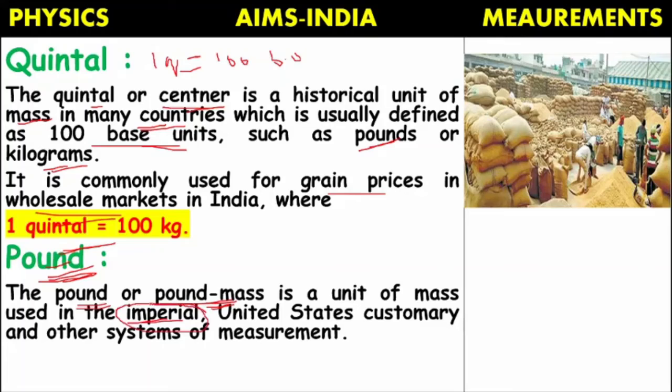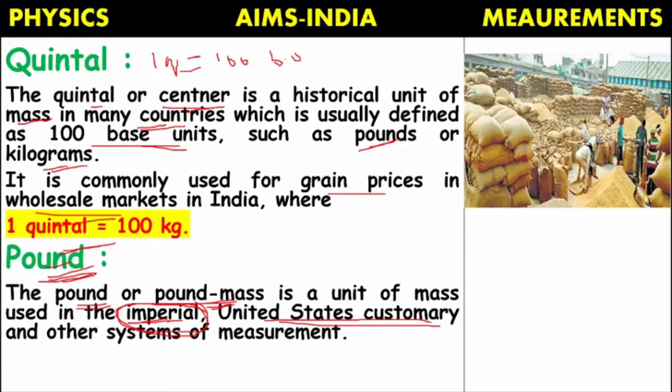Imperial system of units means the unit system followed by the British people, or United States customary. United States customary means before the United States became an independent country, they made use of some British systems. So that is called United States customary.